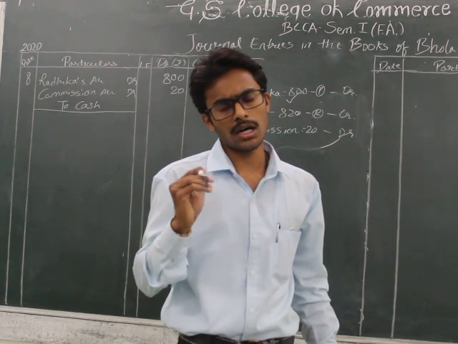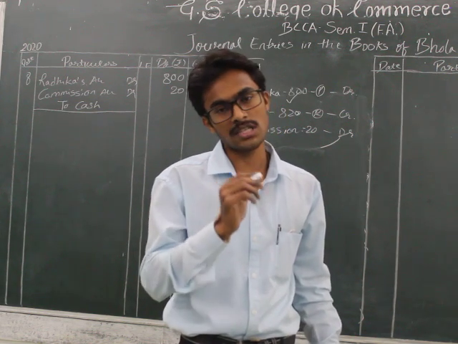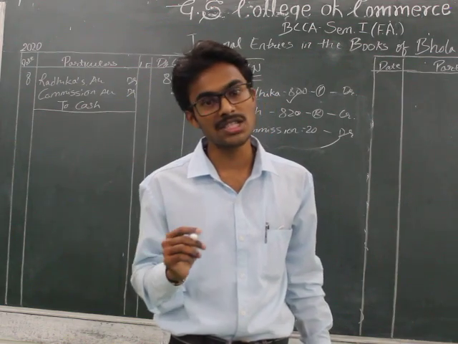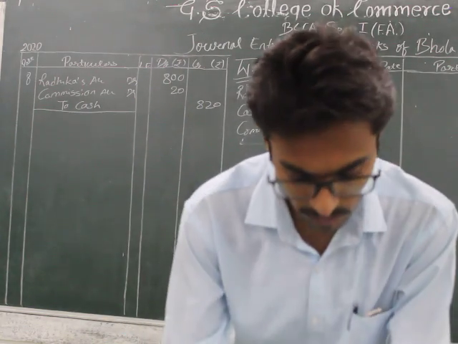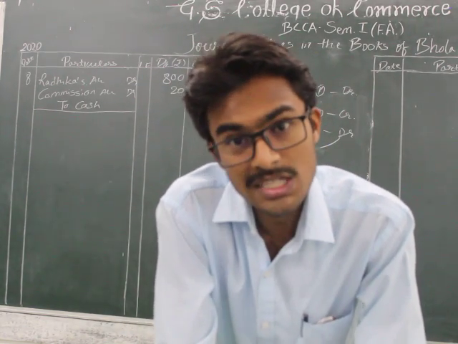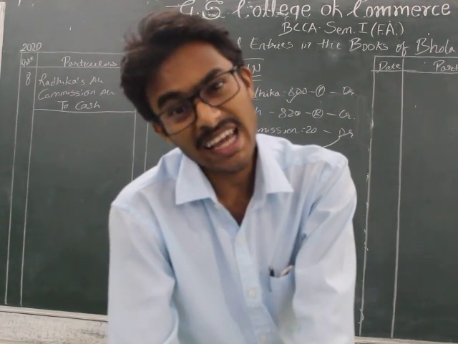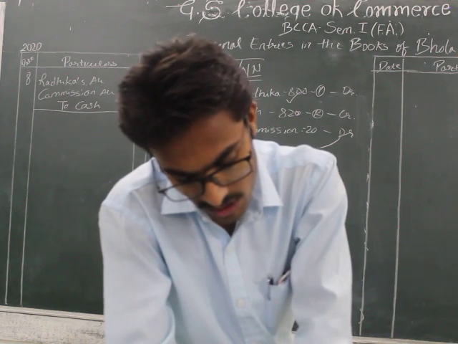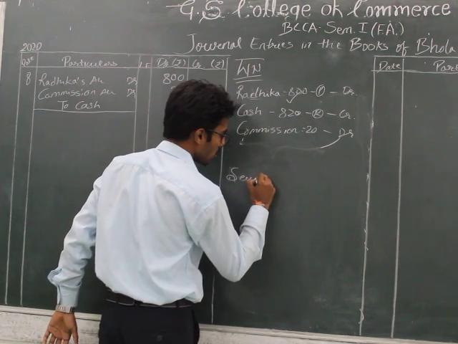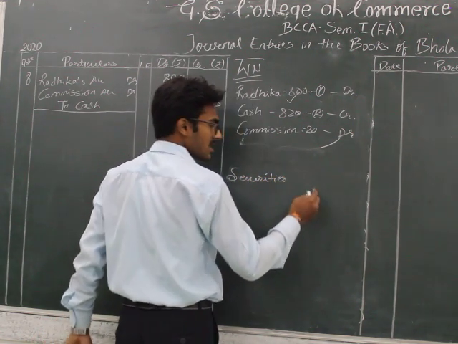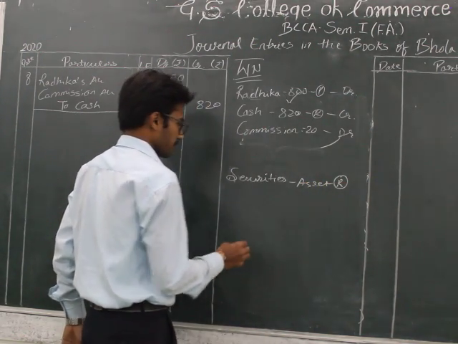Only one account has remained, and that is the real account. And a real account is an account for assets, and investment is my financial asset. So, purchasing securities means purchasing an asset, a financial asset, an intangible asset. So purchased security worth rupees 2000. So securities is an asset. That's why this one is a real account.